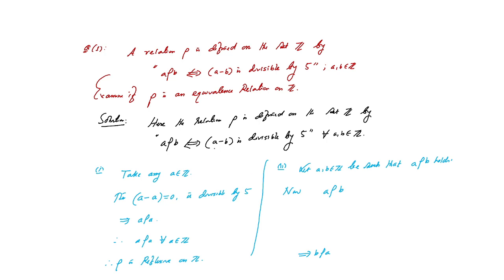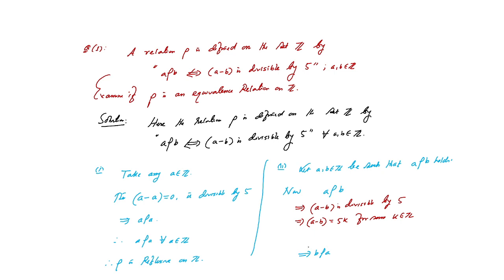A rho B means A minus B is divisible by 5. So that means A minus B equals 5k for some integer k belongs to Z.